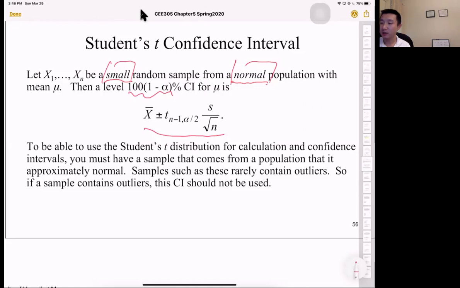This is t with degree of freedom n minus 1 for half alpha. So again, we must have a sample come from a population that is approximately normal, and these samples should not have outliers.